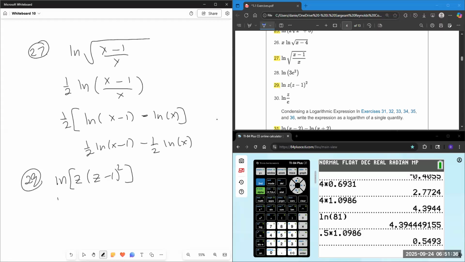So let's set a good example and use our grouping symbols to tell everybody clearly what we mean to do, like so. And then bring this 2 down, like that.